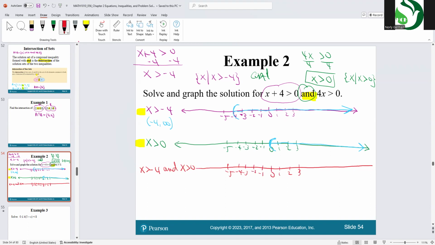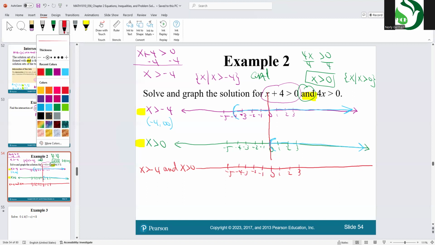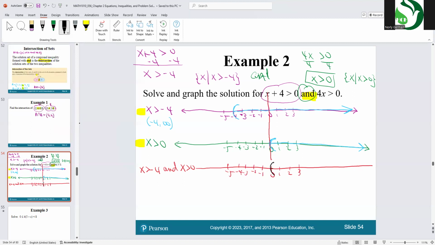If I put a straight line at 0, you see on the right of 0, this section is common, but on the left of 0, only x greater than -4 has a shaded area. So the common area will start at 0 to infinity. So this is the common area right there.